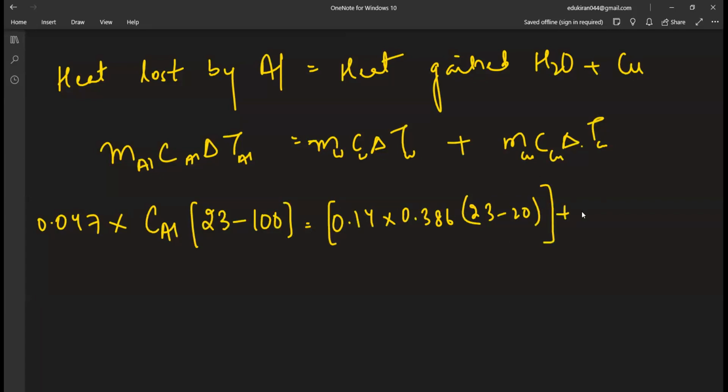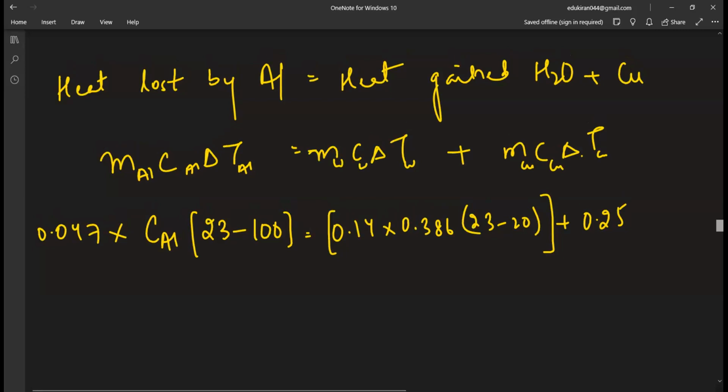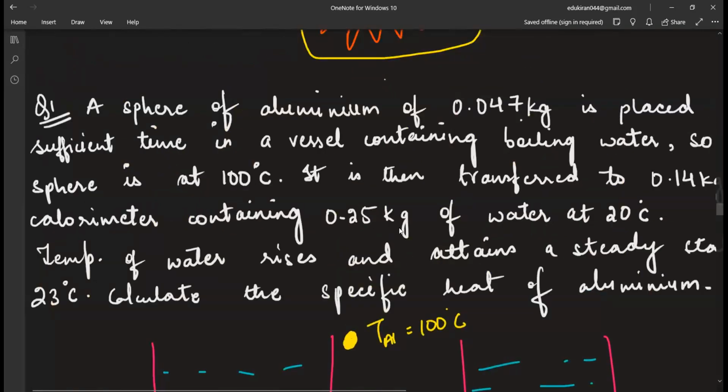Plus mass of copper is 0.14, specific heat 0.386. Specific heat of aluminium is asked. And for water, it's not given.